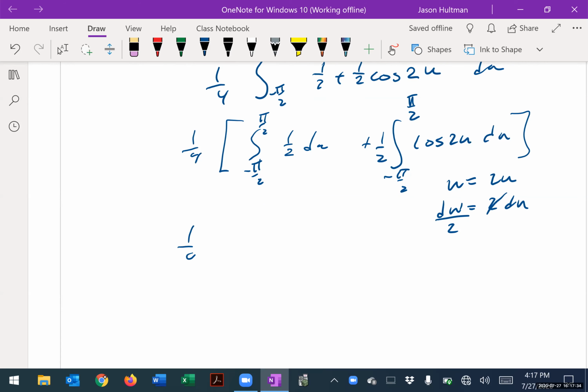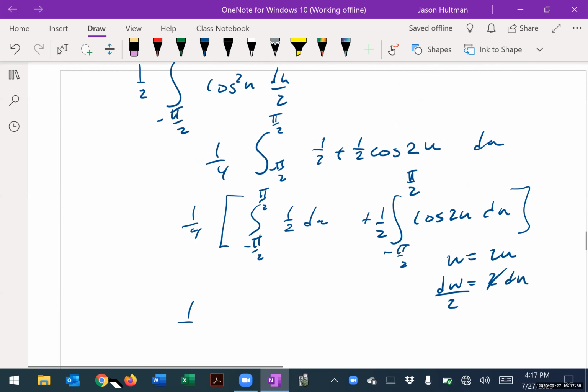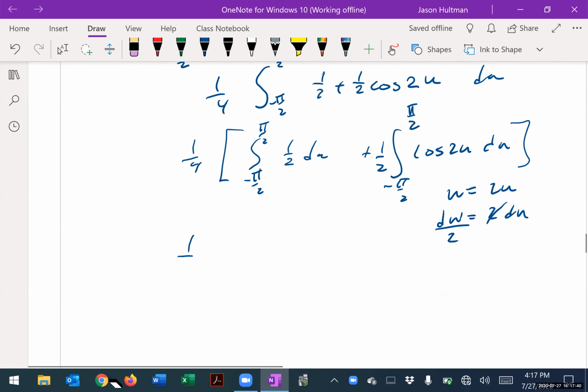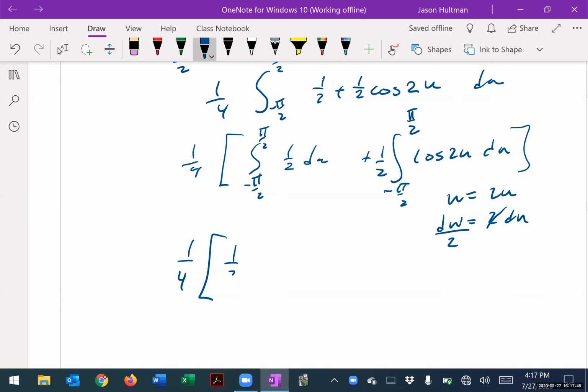So we could say 1/4 of, let's integrate this guy. This guy's just 1/2 u from pi over 2 to negative pi over 2, plus, let's do our w substitution here.